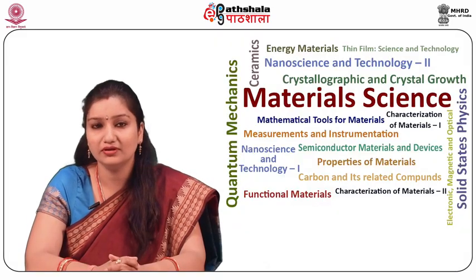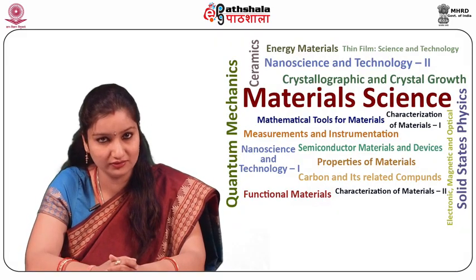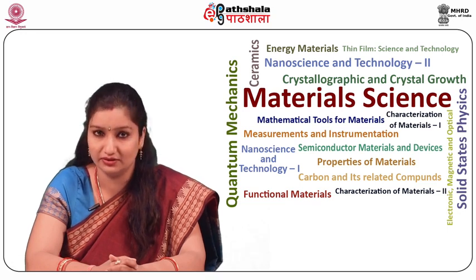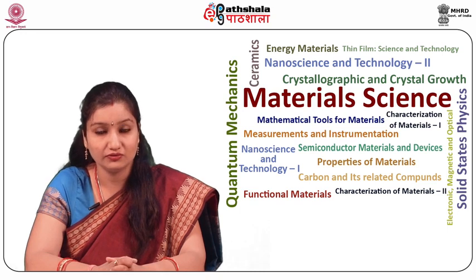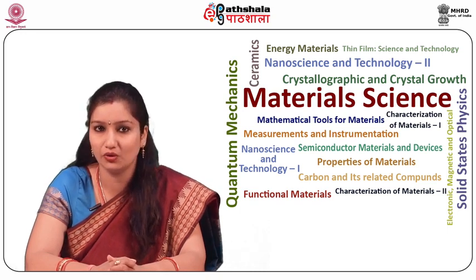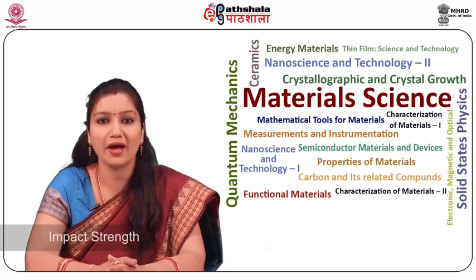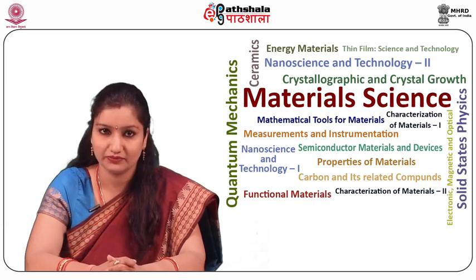So to start with, let us have a brief introduction about the impact strength. The resistance of a material to fracture under dynamic loads is characterized by what we call the impact strength.